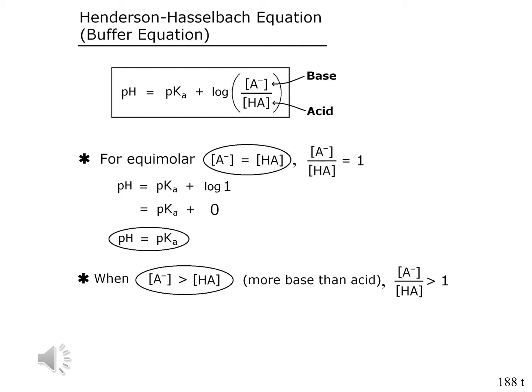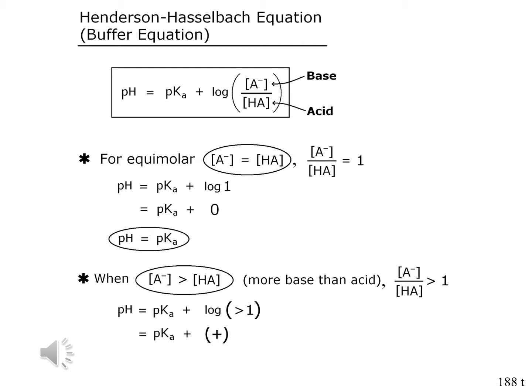Let's suppose that the amount of the base part of the buffer is larger than the acid part. Then what kind of a ratio would you have? Well, this is where the top number is bigger than the bottom. This is what they call an improper fraction, and the value of those is going to be greater than 1.